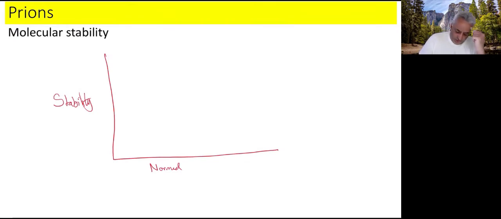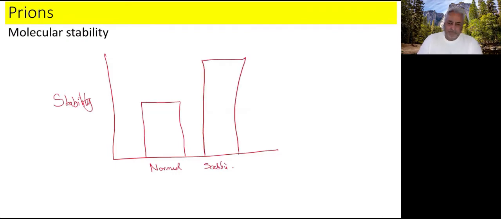So we found that normal proteins in the brain were stable, relatively stable, under normal conditions. But when you found the protein from these scabies people, or scabies animals, that's the name of the disease, scabies, their proteins were much more stable.